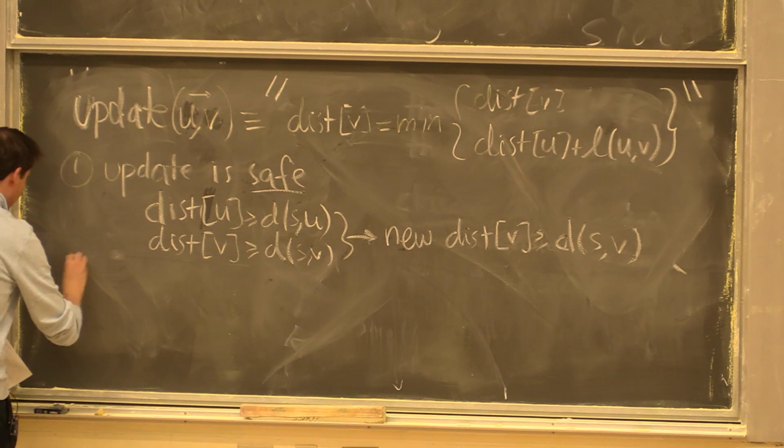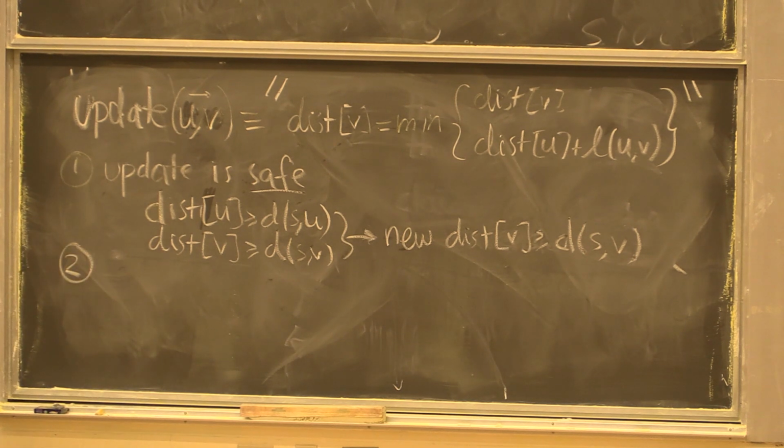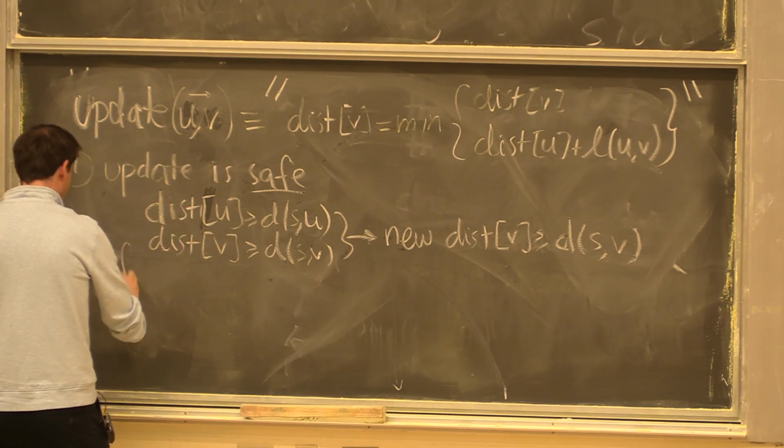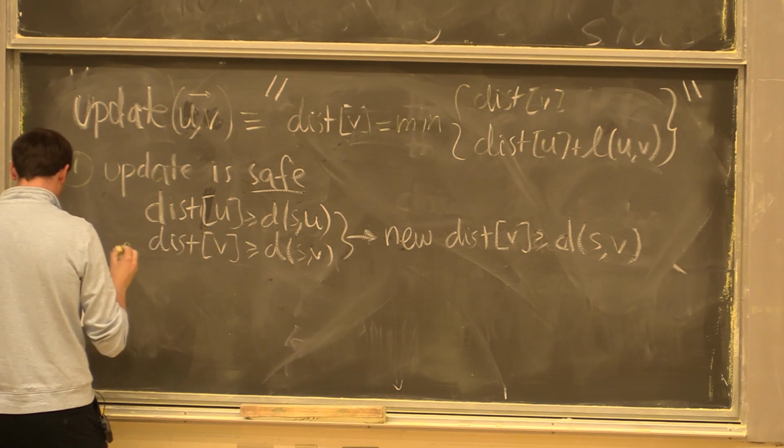Now, the second point is that there is a condition that determines when you do an update and actually get the right answer. Okay? So first I'm going to write something that is slightly wrong. I want to write it first. It may look like a right thing to write, but it's incorrect.